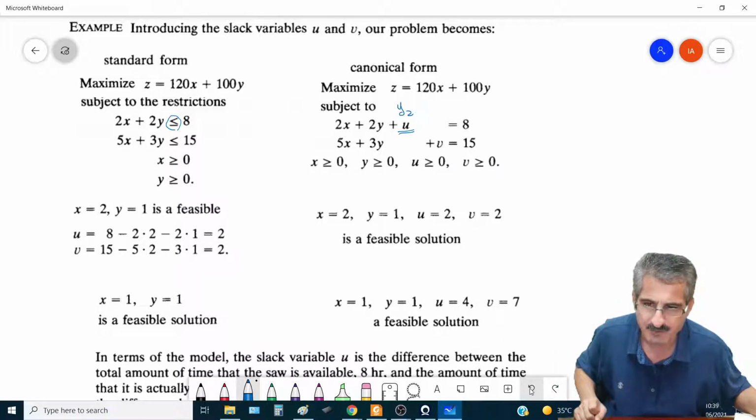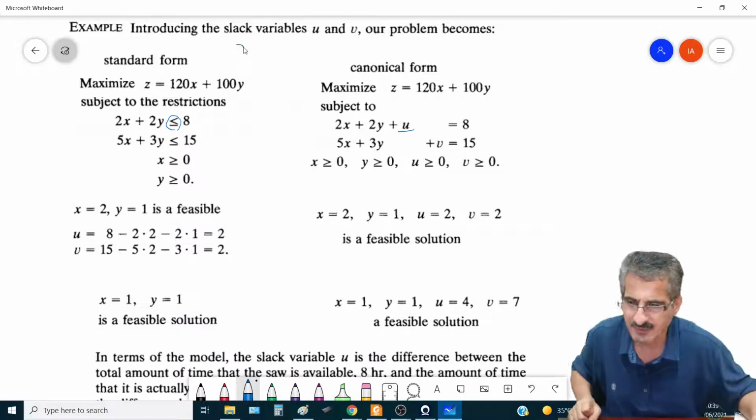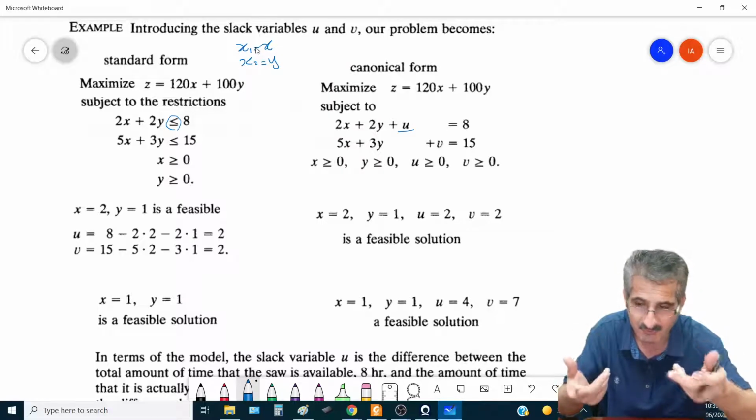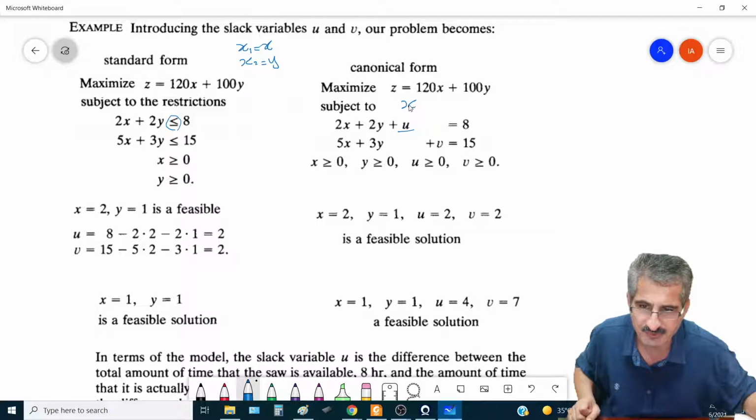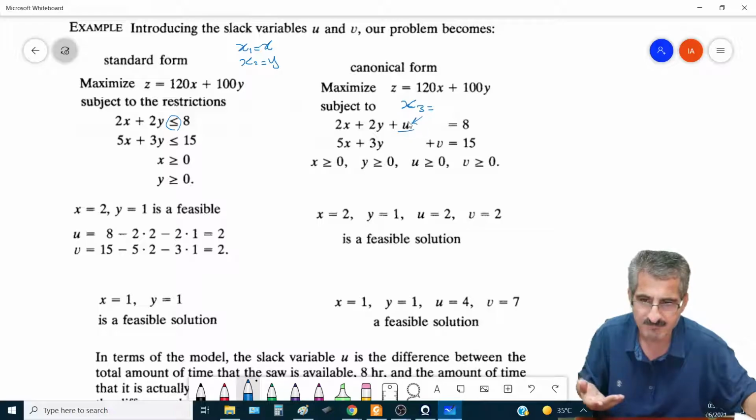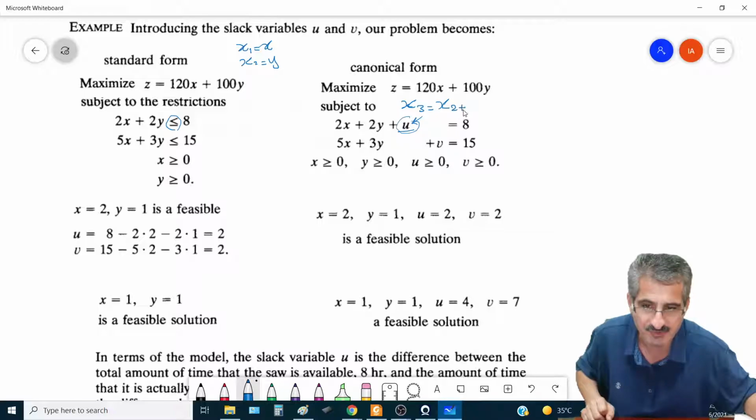If x1 is x and x2 is y, I want this to match the notation we have already seen. Now what is x3? It is this. This is what we are adding. How did this come out? Because n is 2, this is n plus 1. And this is x4, because it is 2 plus 2.